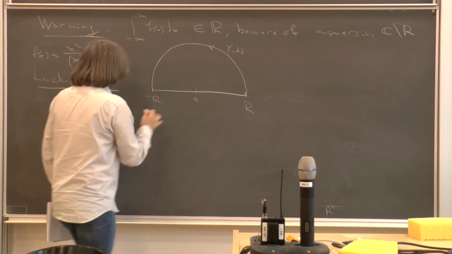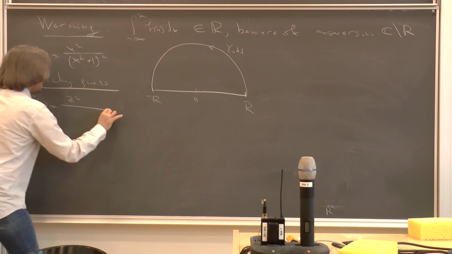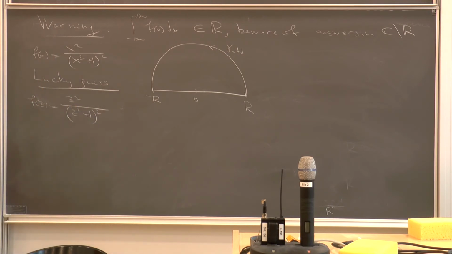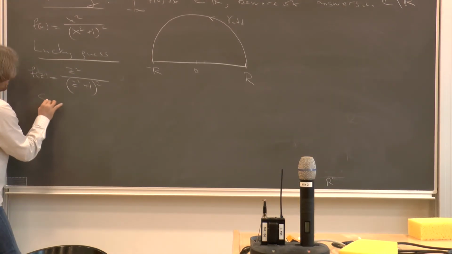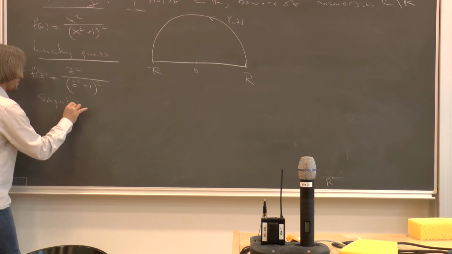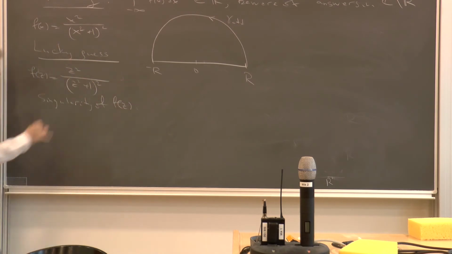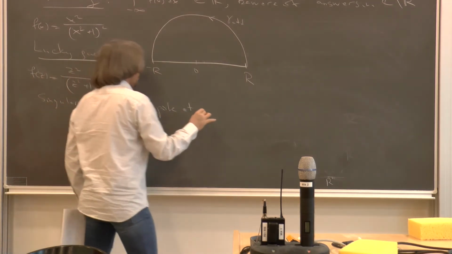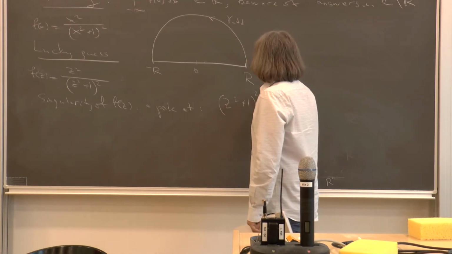Now, look at the function. So f of z is 1 over z squared plus 1 squared. So then the singularities. The only singularity of f of z is a pole at, so you need to solve the equation z squared plus 1 squared equals 0.